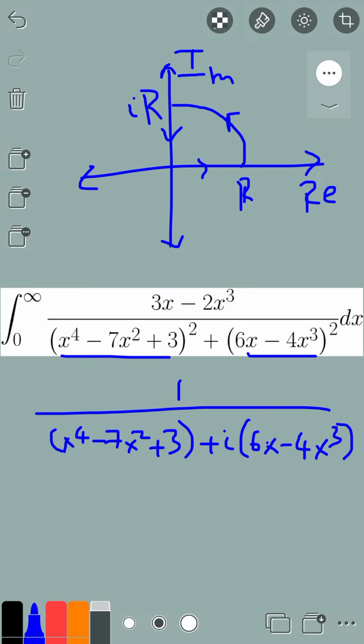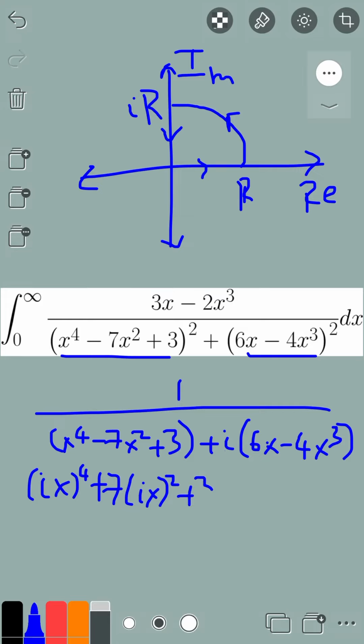If you look here, x to the fourth is x to the fourth, because i to the fourth power is 1, and x squared is (ix) squared, because i squared is minus 1.